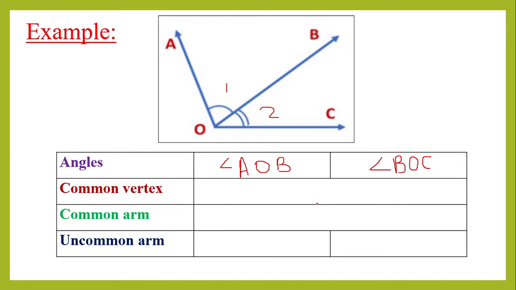Now the common vertex which we have is O, right? And the common arm is this one, so this is OB. And the uncommon arms: in the first we have OA and here we have OC. So then we call these two pairs of angles adjacent angles.